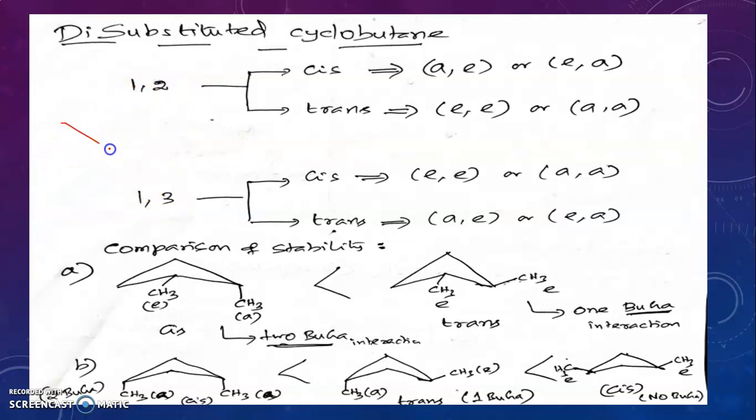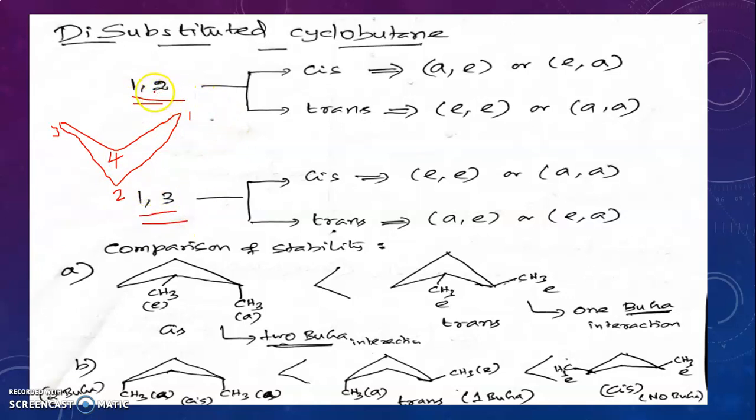What is meant by that? In cyclobutane, this is position 1, this is position 2, this is position 3, and this is position 4. You can put the substituent in 1 and 2 position or in 1 and 3 position. 1,4 and 1,2 are equivalent, so you need not worry about that.